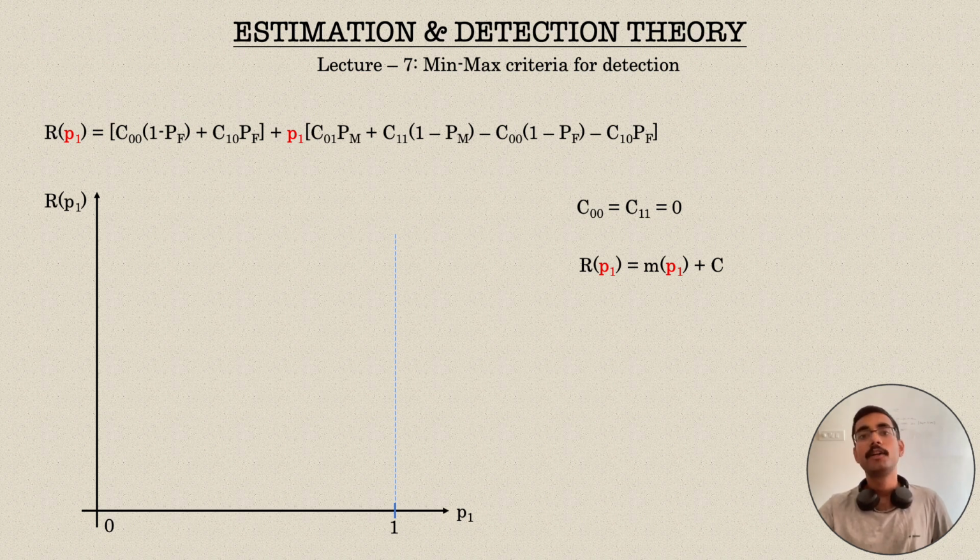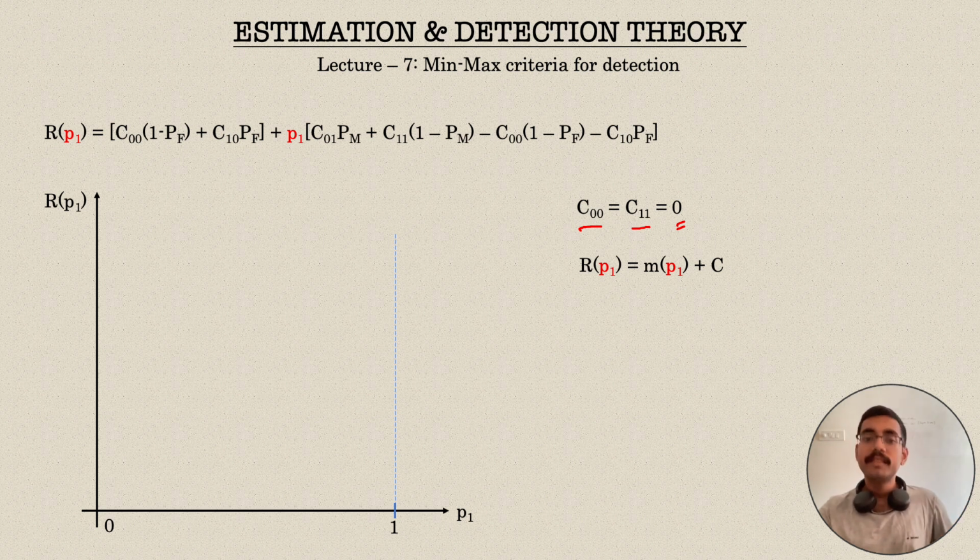Let us assume the cost of making right decisions to be 0. This is the ideal scenario. This is when we can have a very good base curve. The system incurs cost only when there are wrong decisions being made. If there are right decisions, the system does not incur any cost. This is the optimal condition of making a detector.